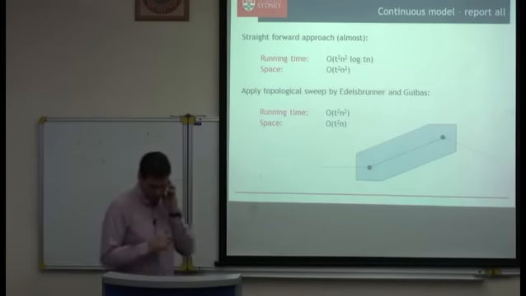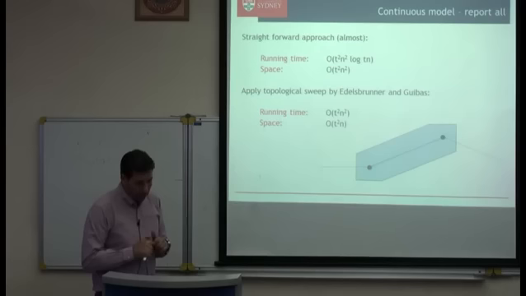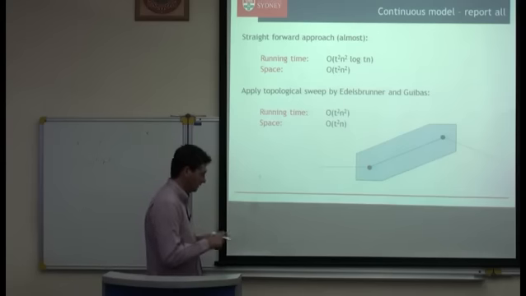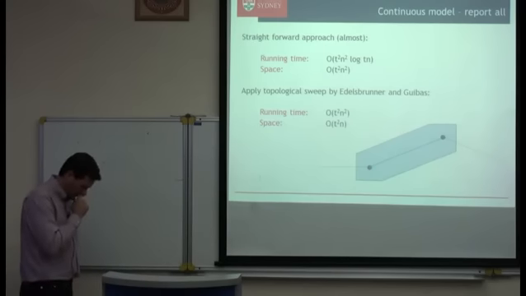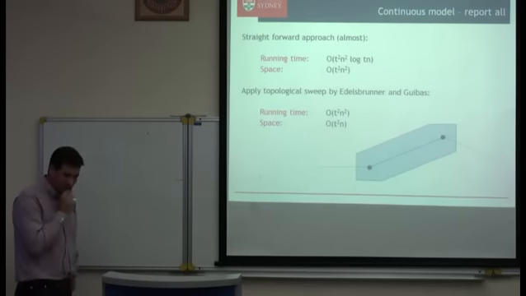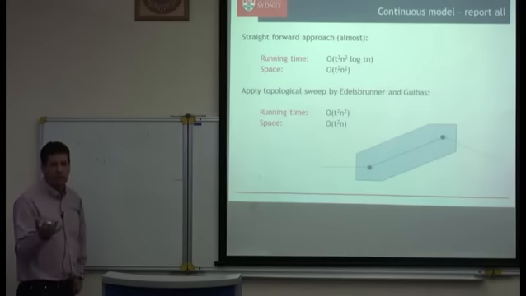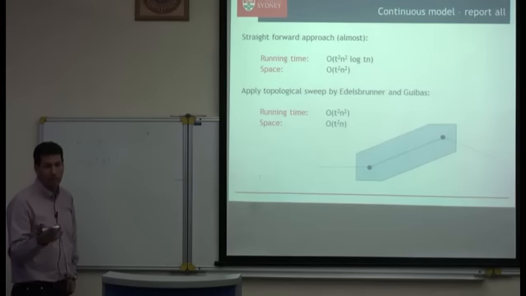Because the complexity of one trajectory, if I trace the trajectory, I have tau segments, but these can intersect, right? So the complexity of that is tau squared.